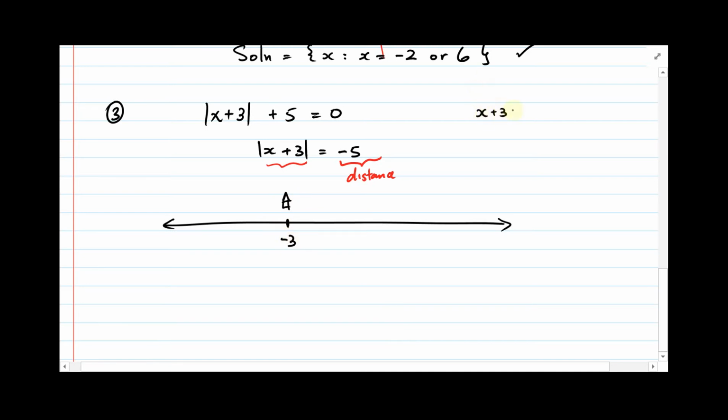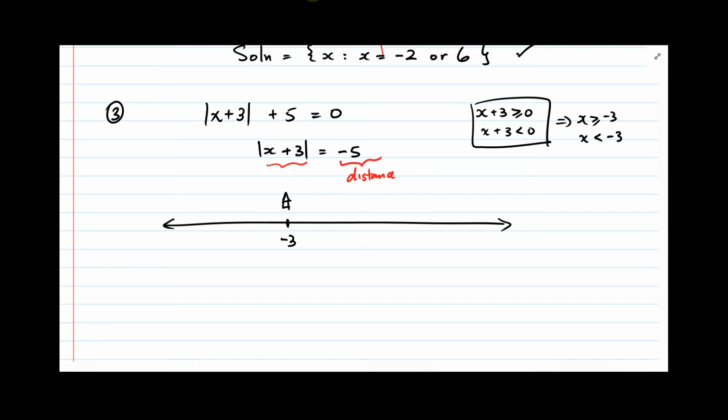The key point is that x plus 3 would be greater than or equal to 0 when x is greater than or equal to -3, or less than 0 when x is less than -3. So -3 is a key point.